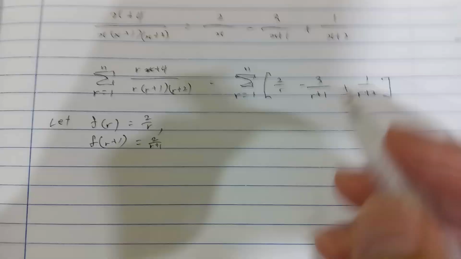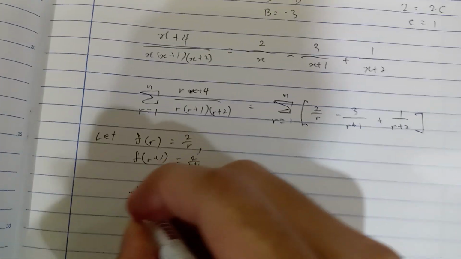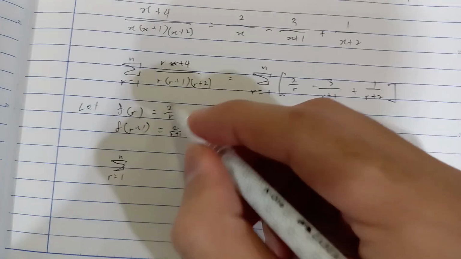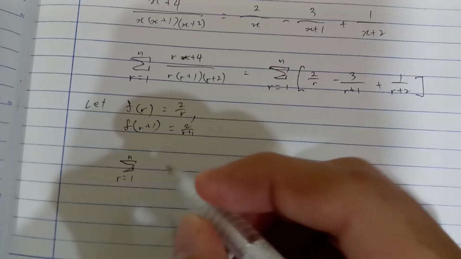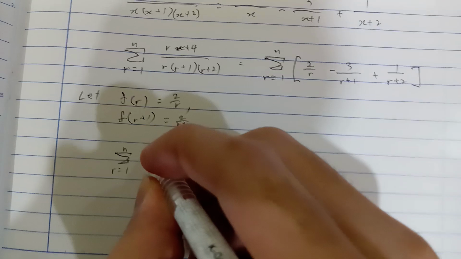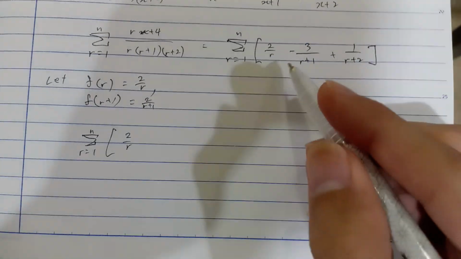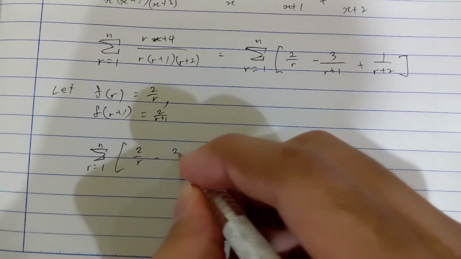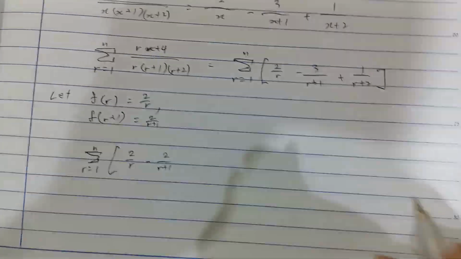Now I rewrite this again, sum from r equals 1, and I use the values here to rewrite it. So 2 over r. Then since this here is minus, I'll minus this one: minus 2 over r plus 1.